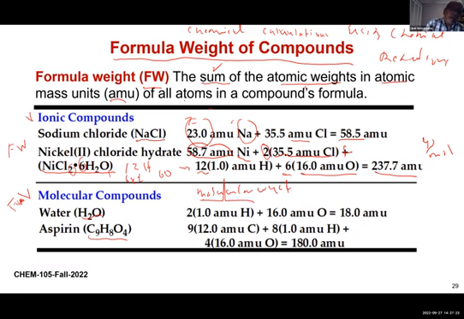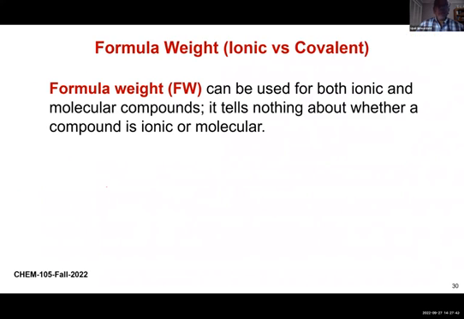Molecules are only present in molecular compounds. Therefore, if I say molecular weight of a compound, that means it's a covalent molecular compound, a covalent bonded compound. So you know how to get the formula mass or formula weight. Formula weight can be used for either ionic or molecular compounds.